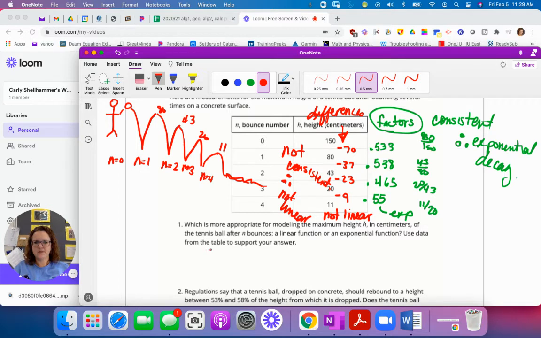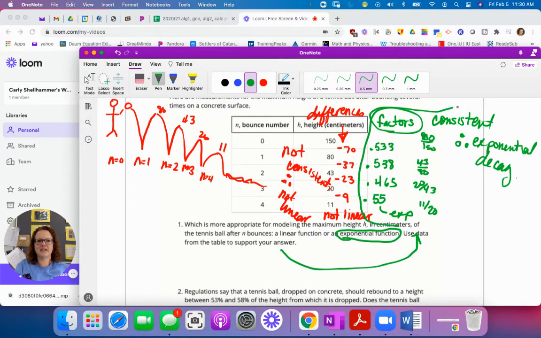So, which is more appropriate for modeling the maximum height? Linear function or an exponential function? Definitely an exponential function. And supporting my answer would be all of this data right here. That's what I would write down if I were saying this is an exponential function and that is why. All right?